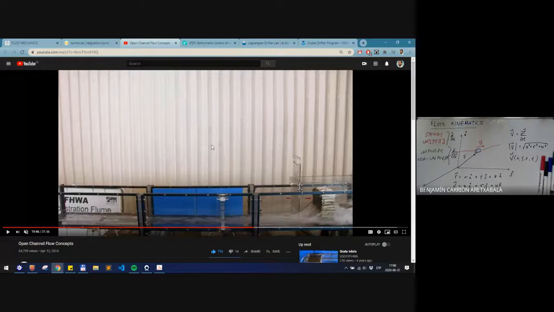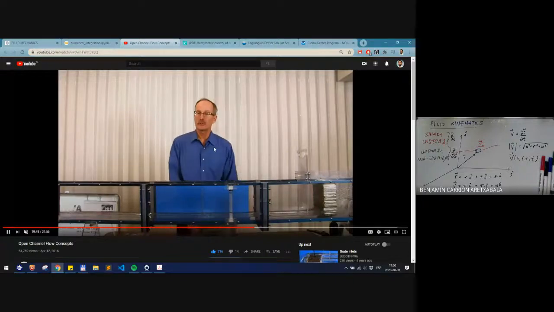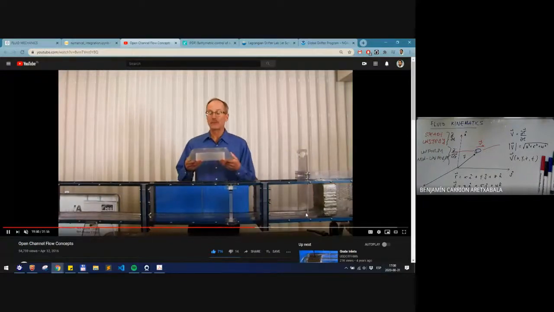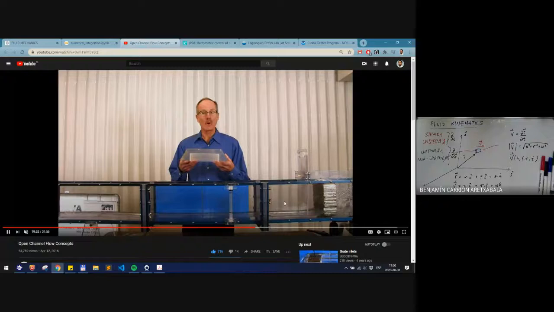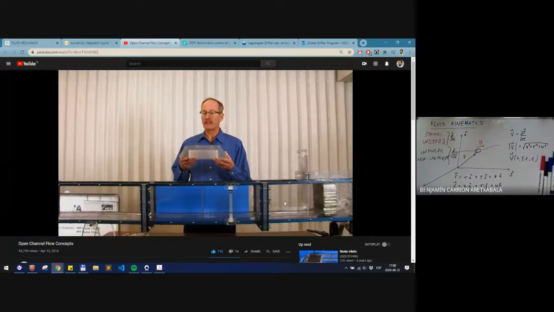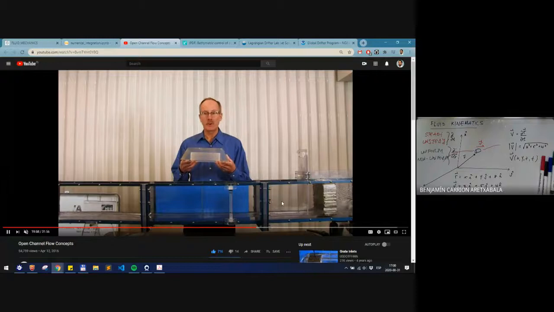So during the opening of this wall, you have unsteady flow and non-uniform flow, right? But if you leave it to flow for long enough, you return to a steady state because this thing has to be in equilibrium. So it returns to a steady state until you perturb it again.